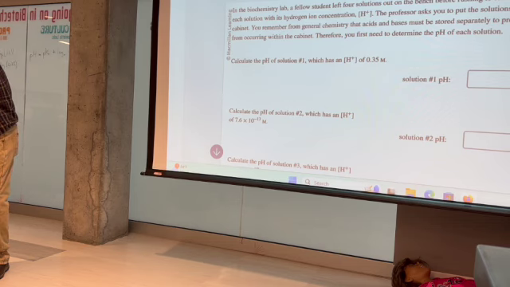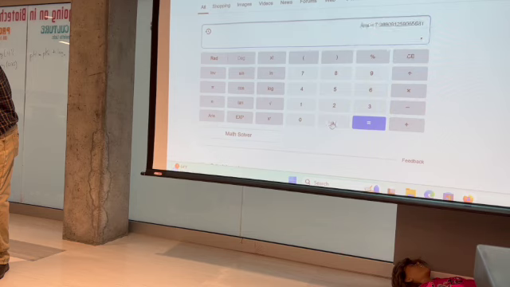I actually have a calculator here somewhere, I thought. I keep forgetting that you need to put the order. So the pH is extremely acidic, right? 0.5.